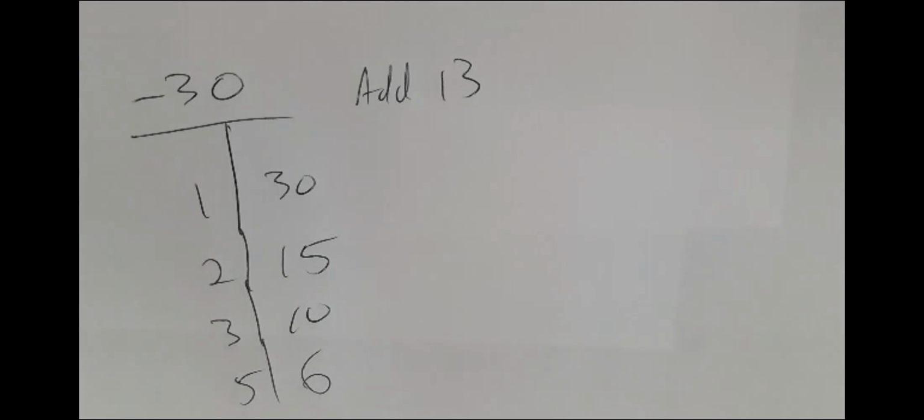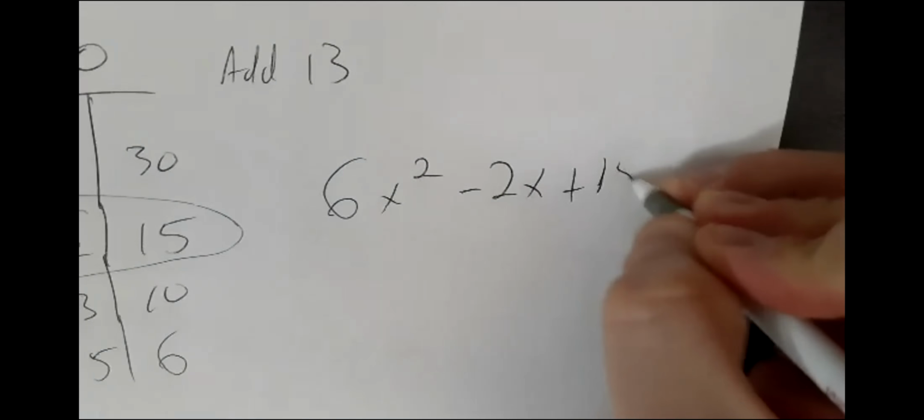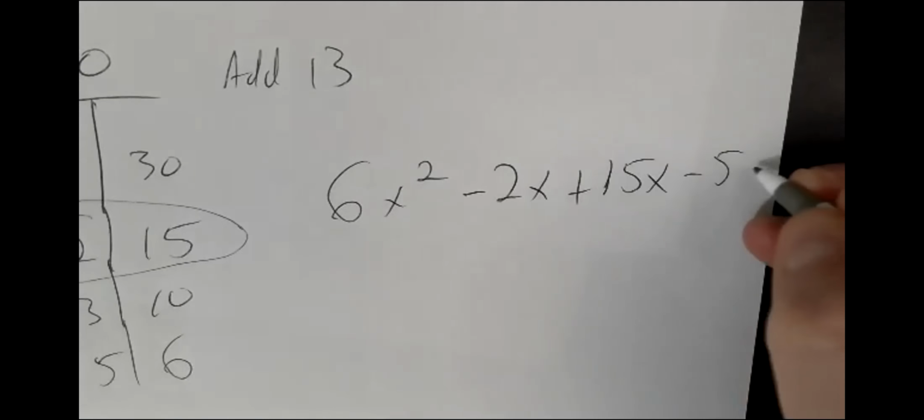So I'm looking at a difference of 13. Can we get that here? Yes. So what are my numbers to get a difference of 13? -2 and +15. These two right here. 6x squared minus 2x plus 15x minus 5 is equal to 0.